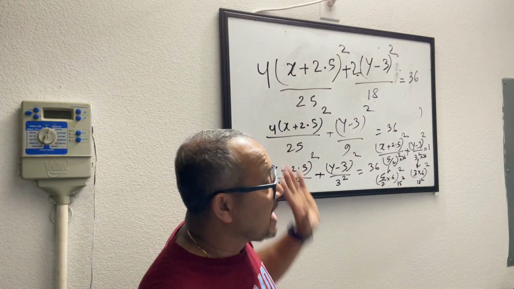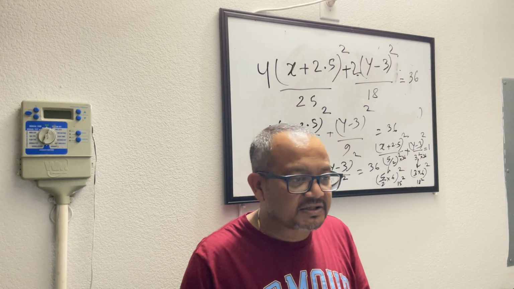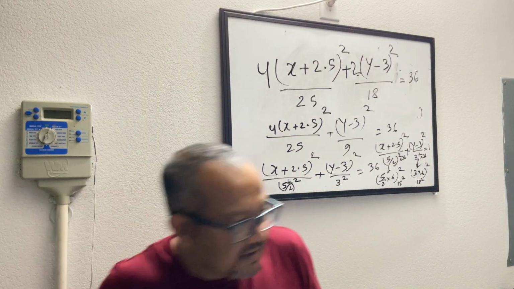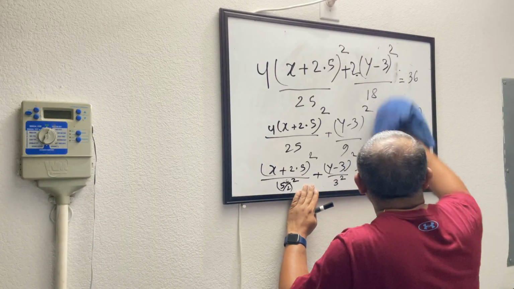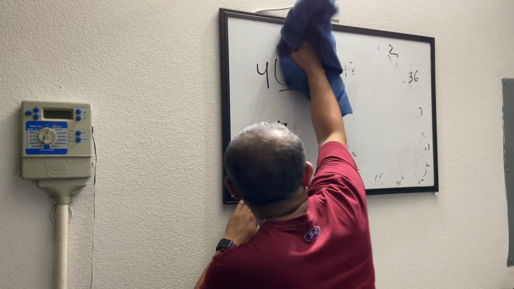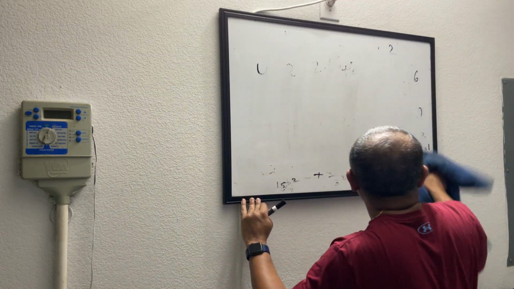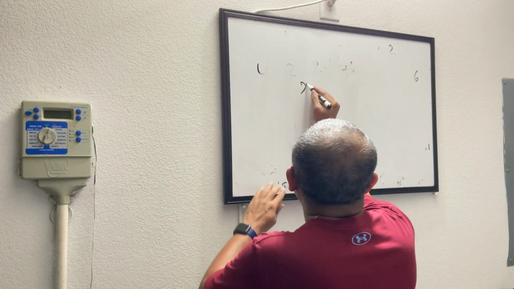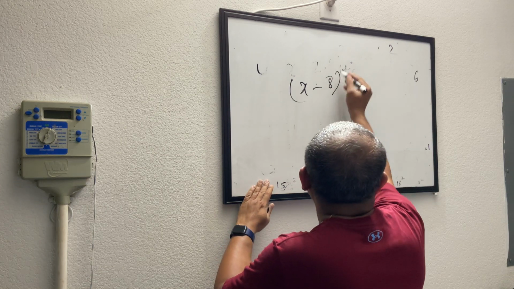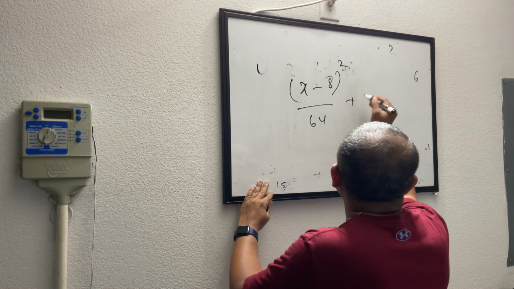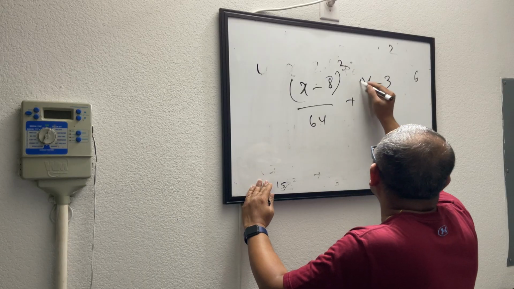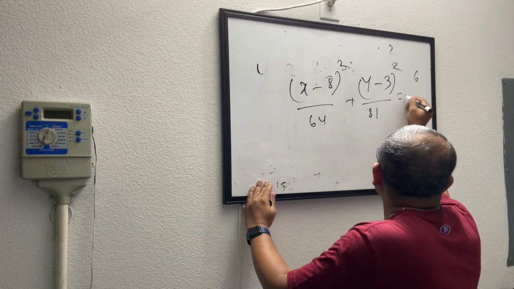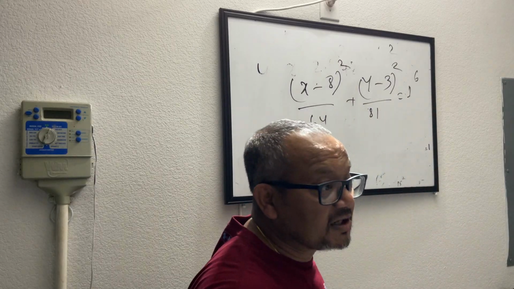So, net, a problem that comes to you in the exam will not be straightforward. It will not always say, you have an equation for the ellipse, find out the center and the major and minor radius of that: x minus 8 squared by 64 plus y minus 3 squared by 81 equal to 1. You will not always get a question like this.